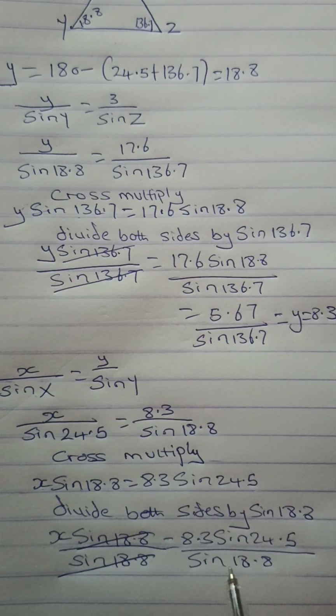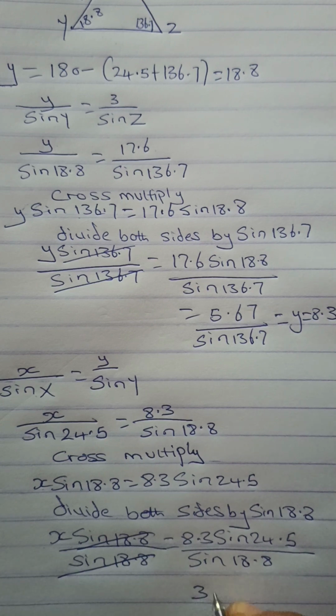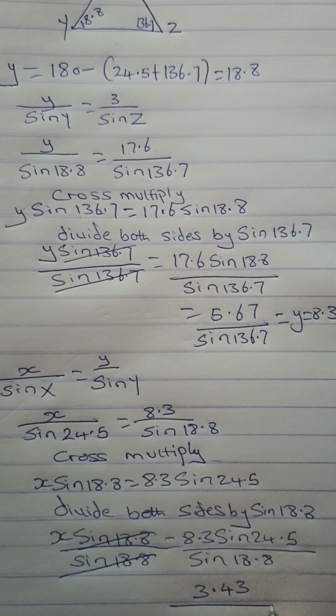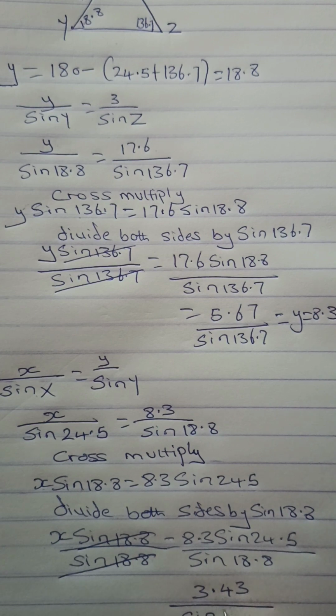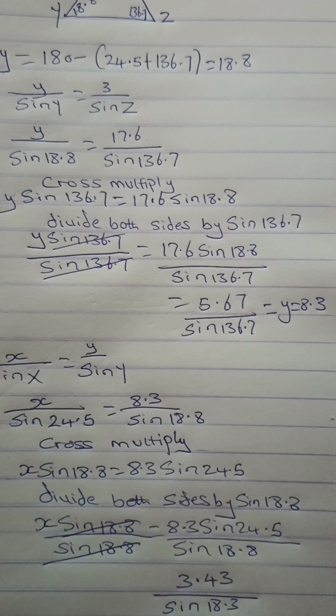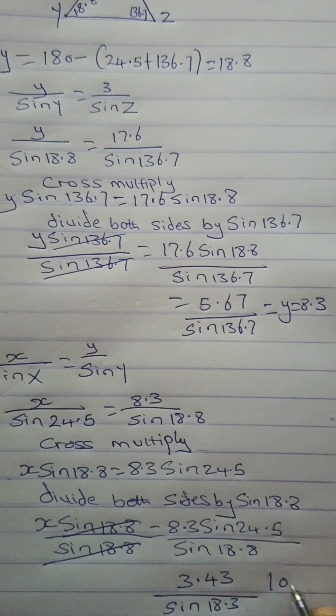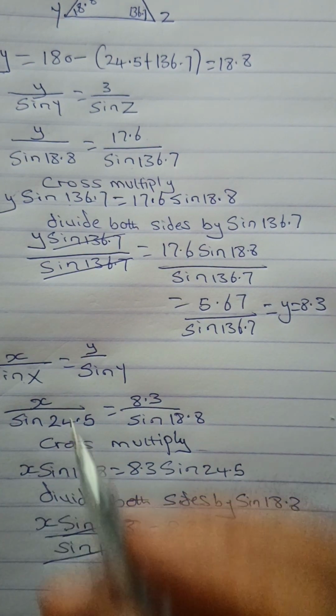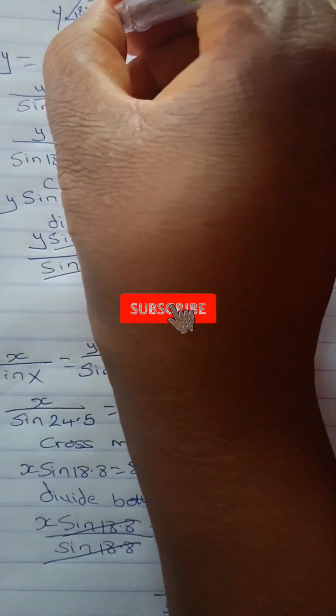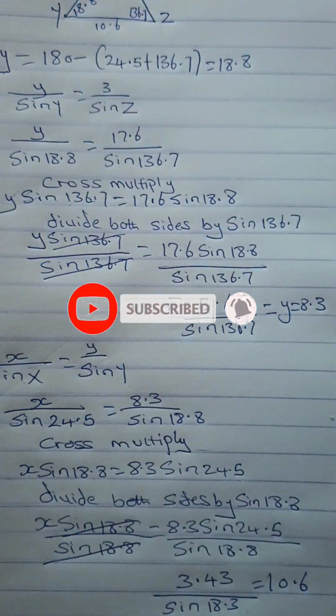So with our calculator, we'll press 8.3 times sine 24.5, and we'll have 3.43 over sine 18.8. And with your calculator, you also press 3.43 divided by sine 18.8. And the answer is 10.6. So this is the answer for our small x, which is 10.6. So this is how to solve it.